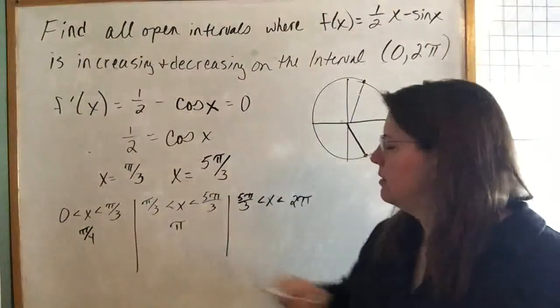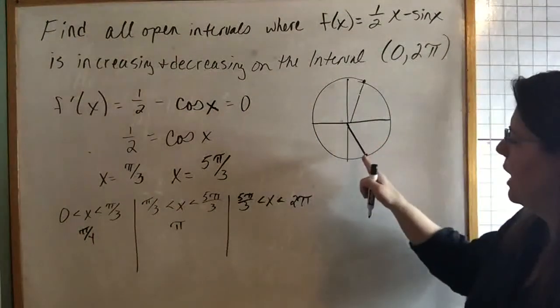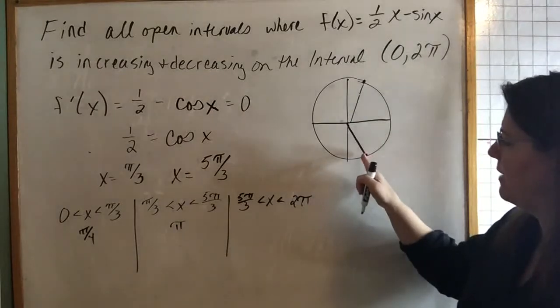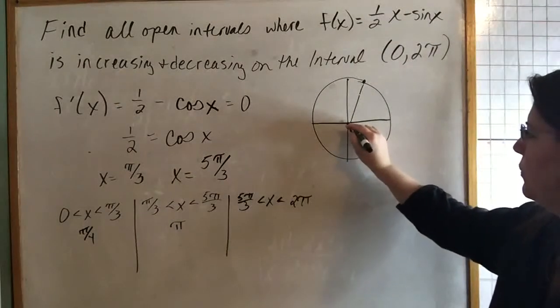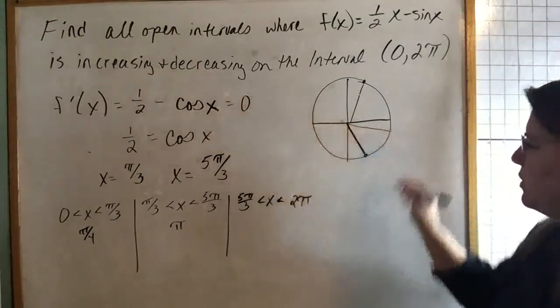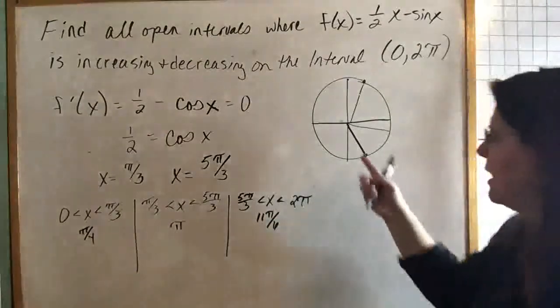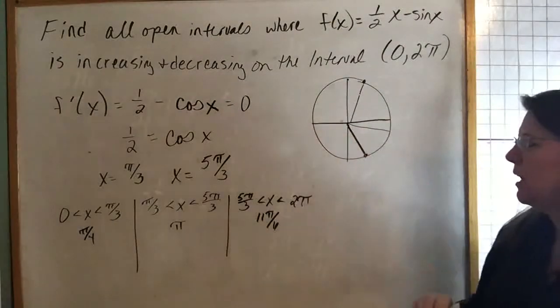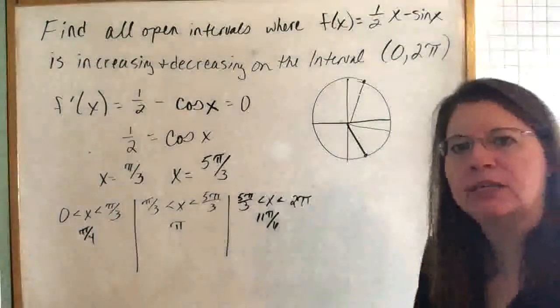That's a good simple value to plug in. And then for a number between 5 pi over 3 and 2 pi, I'm going to use 330 degrees, which is 11 pi over 6. I could, again, use a 45 degree angle if I wanted to, but I'm just going to mix it up a little bit so we have something a little different to do.